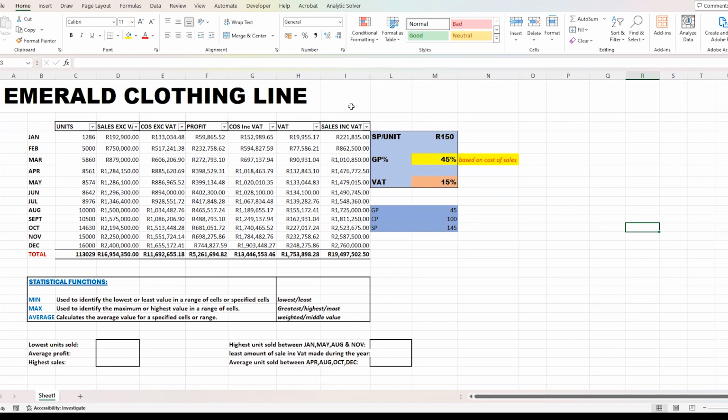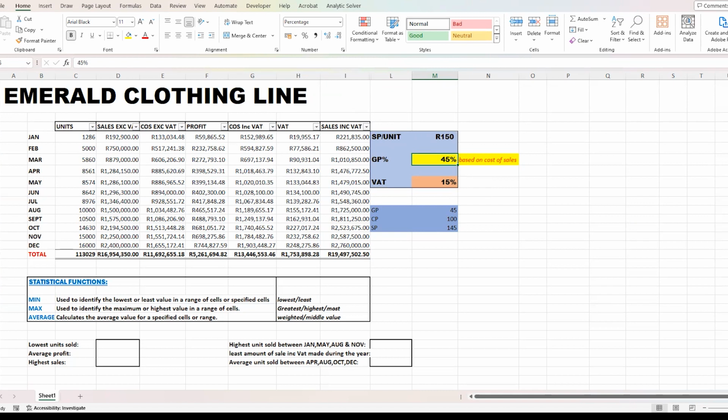Emerald Clothing Line sells clothes. We had data from January all the way to December. We had the units sold per month, and then we had a total. We also had the price per unit, so the price for every unit was 150. Because we're using the perpetual value system, we have a gross profit percentage that is fixed.